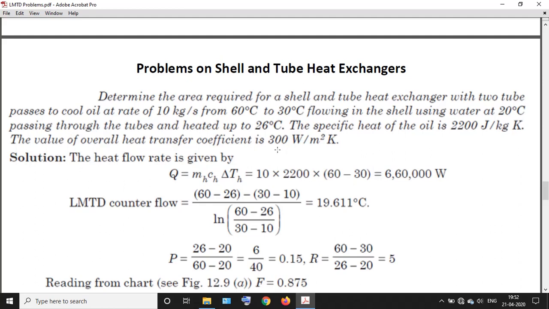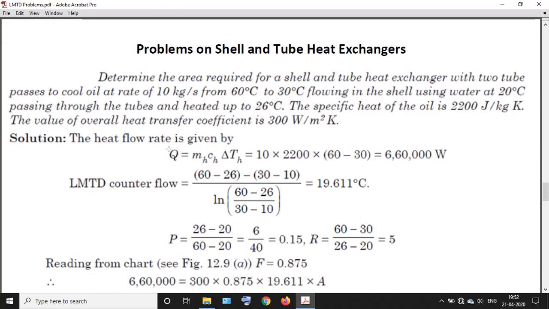So the task here is to find the area itself, but now the arrangement has changed to a shell and tube heat exchanger. We are going to use the same procedure to find the heat transfer Q, which is m_h C_h delta T, and we will get it as 660 kilowatt. Now the way to do a shell and tube heat exchanger problem is to find the LMTD based on a counter flow arrangement.